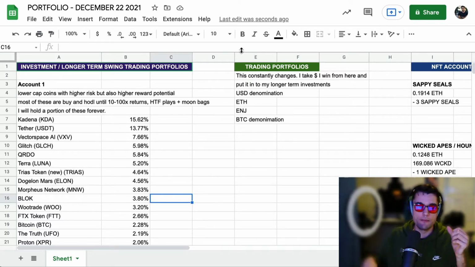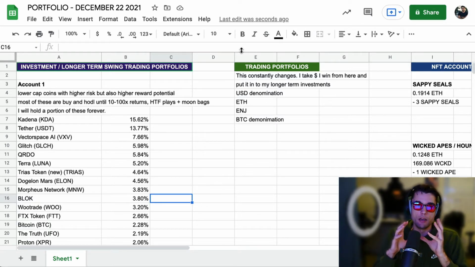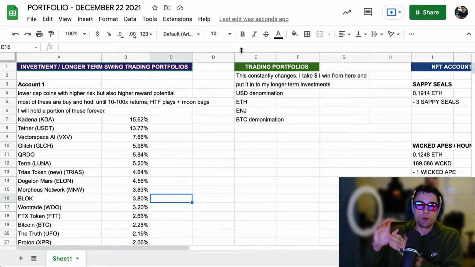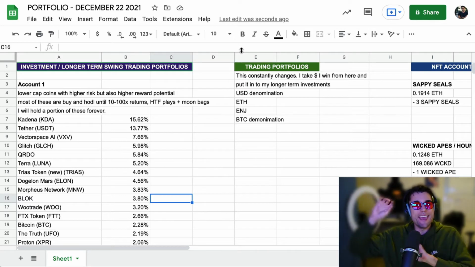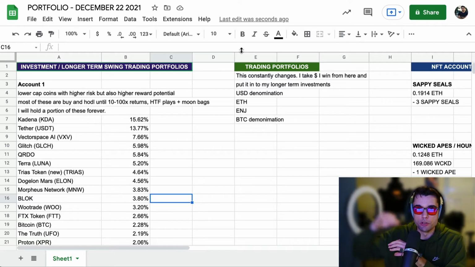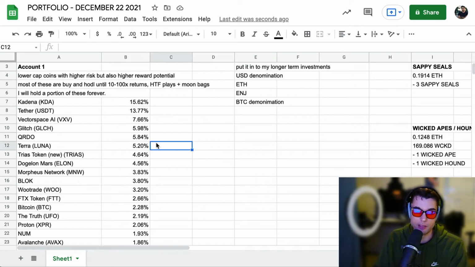So if I have coins on an exchange and they're hooked up to 3Commas, I could input where I want the coins to be sold, and at the same time where I want to rebuy the coins to accumulate more. So I could do so much. So I like to have them on exchanges so that I can hook it up to 3Commas and do it that way. So this is my current portfolio for my long-term swing trade.